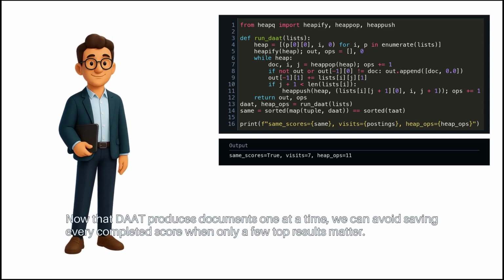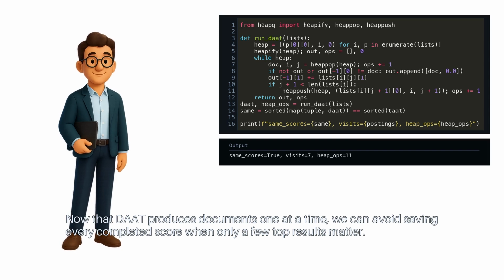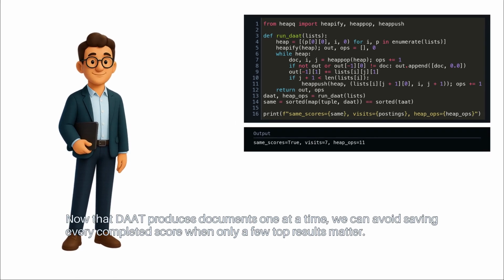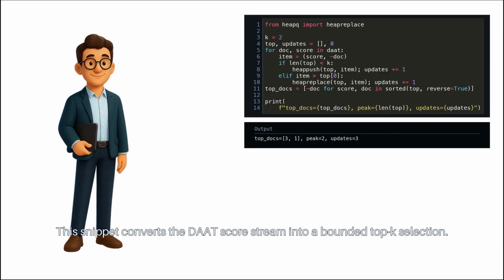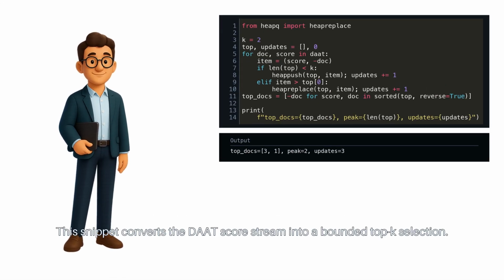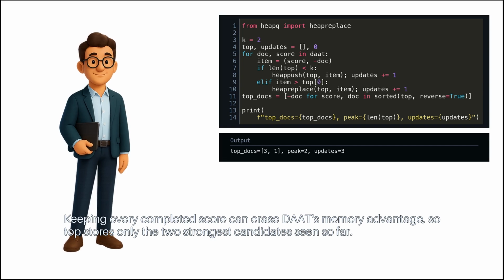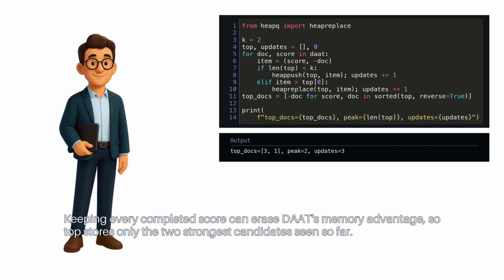Now that DAAT produces documents one at a time, we can avoid saving every completed score when only a few top results matter. This snippet converts the DAAT score stream into a bounded top-K selection. Keeping every completed score can erase DAAT's memory advantage, so top-K stores only the 2 strongest candidates seen so far.